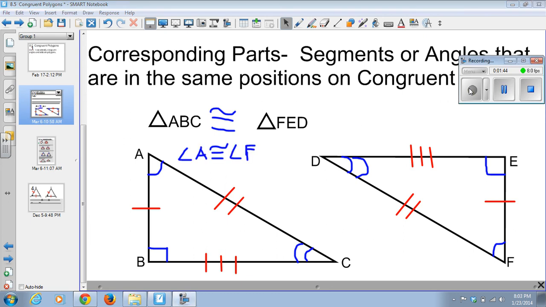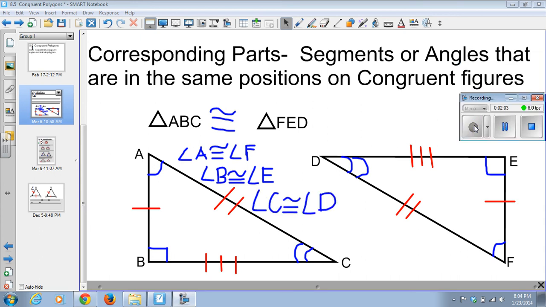Now we see that angle B and angle E are both right angles, which means they are congruent as well. Which then leaves us with angle C and angle D. The two arcs by these angles tell us those are also congruent.